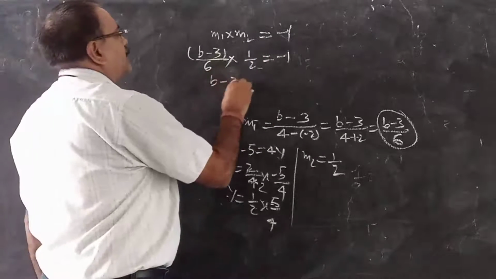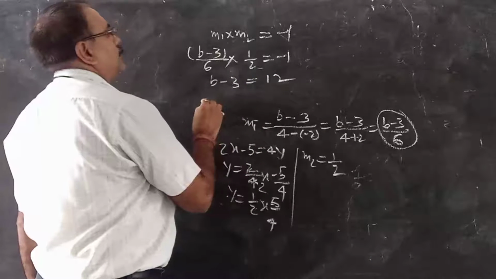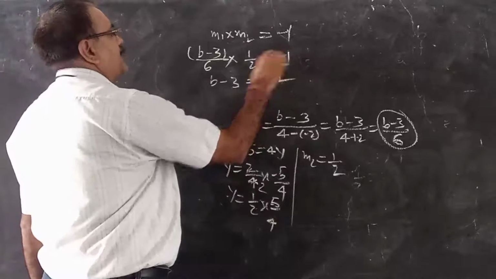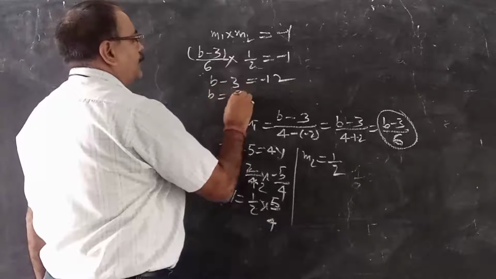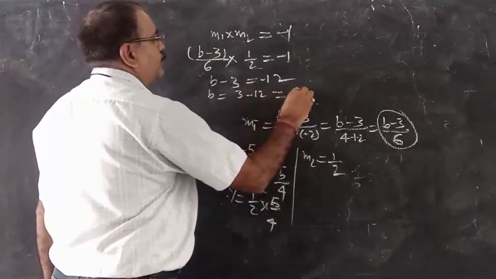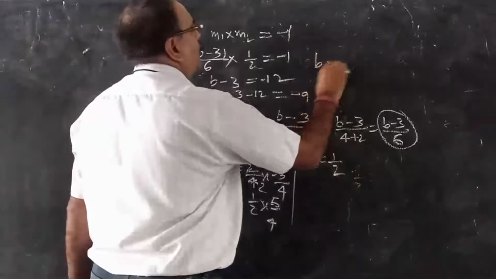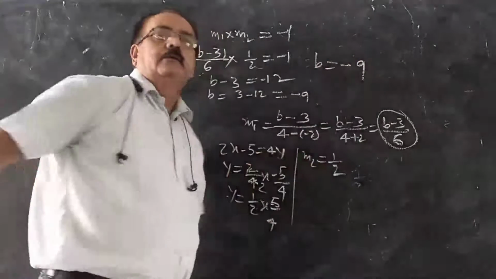Simplify it: b - 3 = -12. So b = 3 - 12, that is equal to -9. So the value of b is -9.